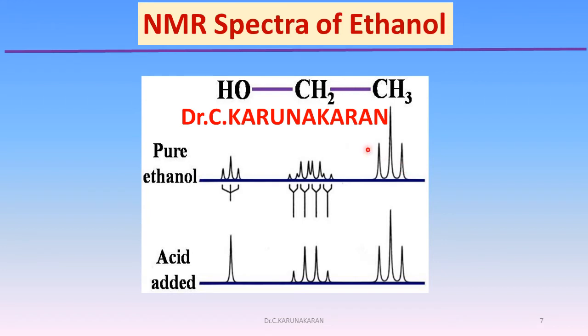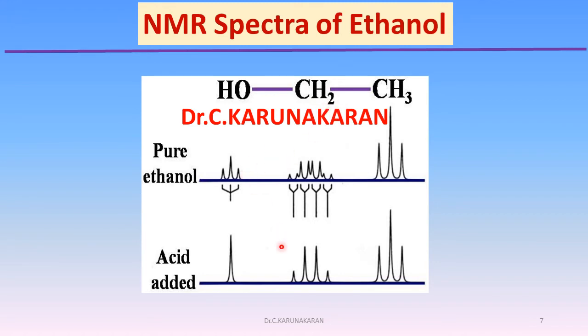Similarly, the methylene protons couple first with the methyl protons to give a quartet, and it further splits into a doublet due to coupling with the OH proton. And the OH proton, on coupling with the methylene protons, gives a triplet, 2 plus 1, triplet signal.